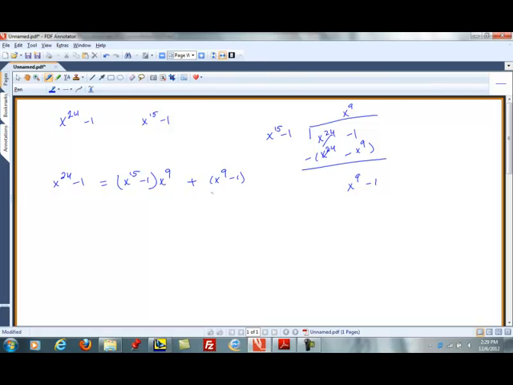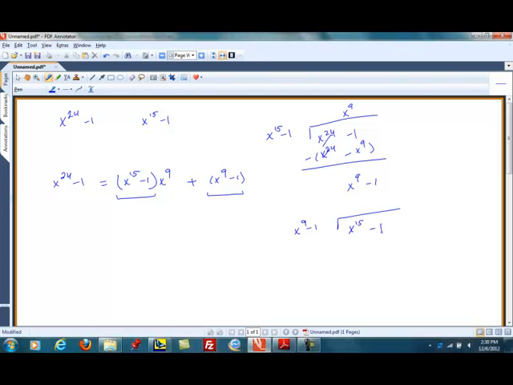So we start with our x to the 9 minus 1 and x to the 15th minus 1. Divide that into x to the 15th minus 1. And x to the 9 goes into x to the 15 how many times? X to the 6. So we have x to the 15th minus x to the 6th.